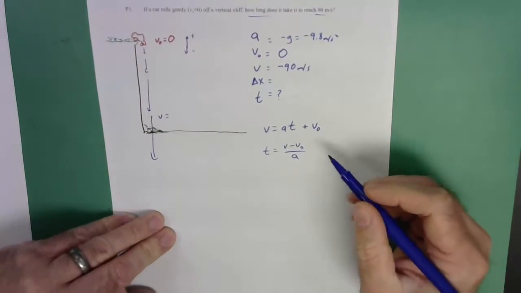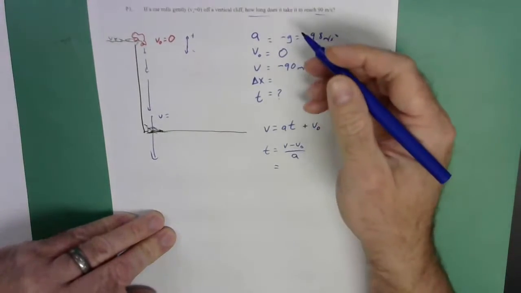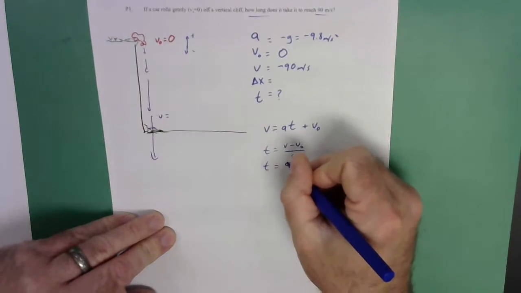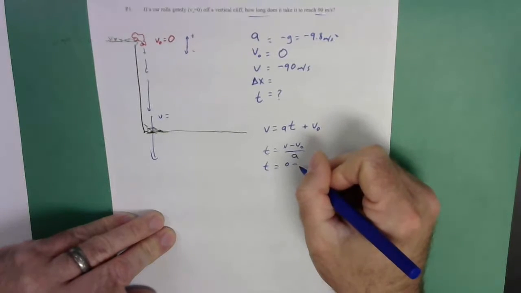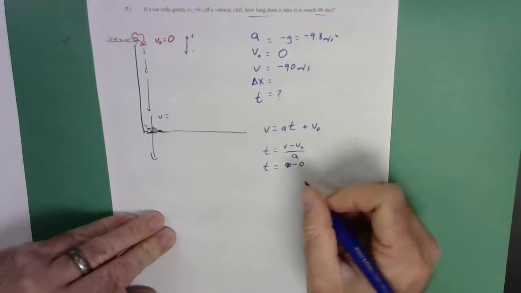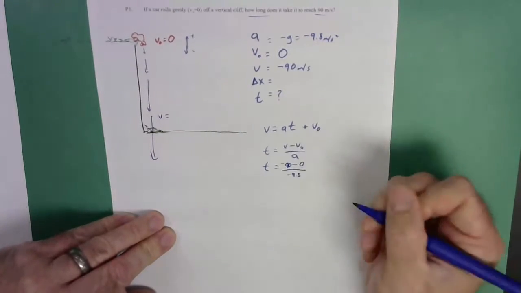Do the algebra, that's what you get. Now I can substitute. Am I trying to find t? Yeah, how long it takes. So I plug in my final velocity minus my initial velocity, negative 90 minus 0, over my acceleration, negative 9.8.